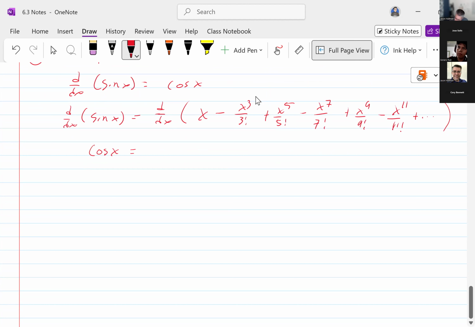The derivative of x is 1. The derivative of x cubed over 3 factorial is 3x squared over 3 factorial.